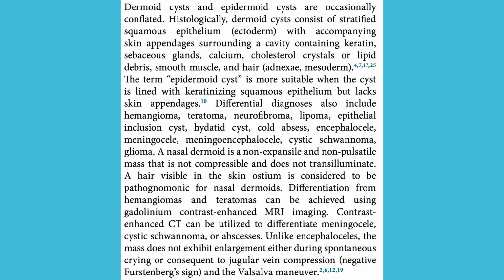Dermoid cysts and epidermoid cysts are occasionally conflated. Histologically, dermoid cysts consist of stratified squamous epithelium, ectoderm, with accompanying skin appendages surrounding a cavity containing keratin, sebaceous glands, calcium, cholesterol crystals or lipid debris, smooth muscle, and hair, adnexa, mesoderm.